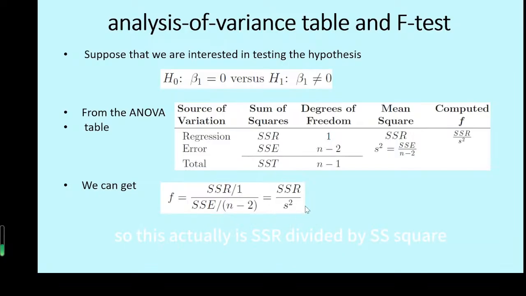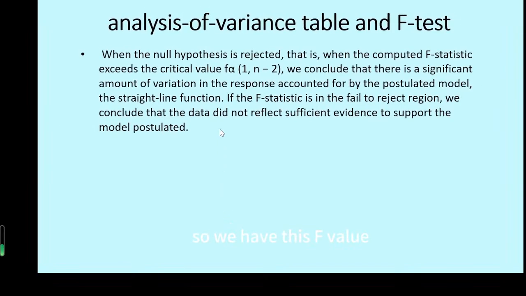So this is actually SSR divided by S squared, because SSE divided by n minus 2, its degrees of freedom, is called S squared. S squared is an unbiased estimate for the model's variance, for the y variable's variance. So we have this F value.